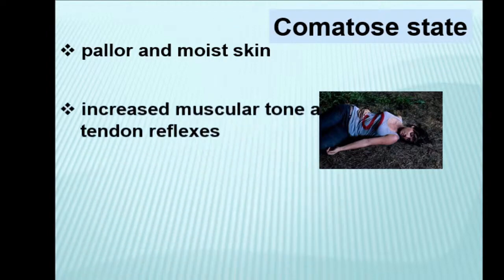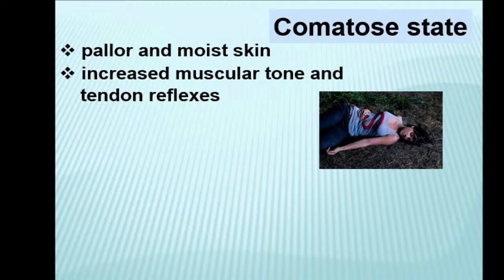Muscular tone and reflexes increase. If you touch the patient, his muscles resemble stone in density. Due to increased reflexes, the comatose stage is accompanied by convulsions and sometimes may be assessed as epilepsy or other convulsive diseases.